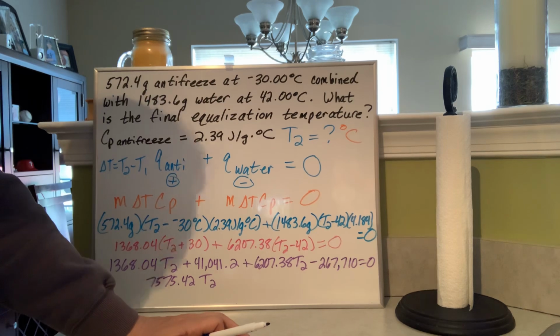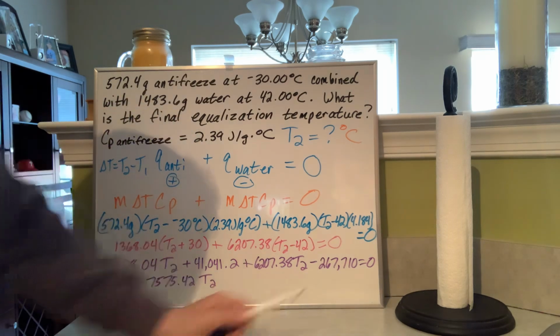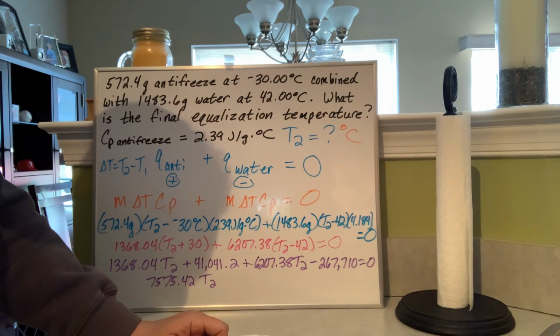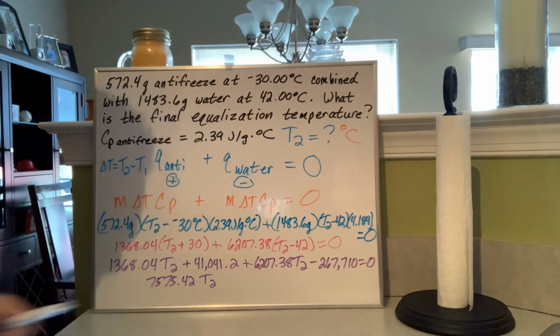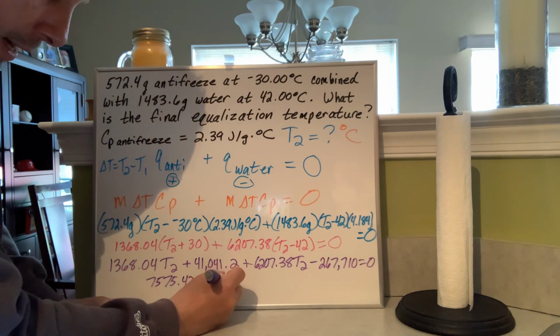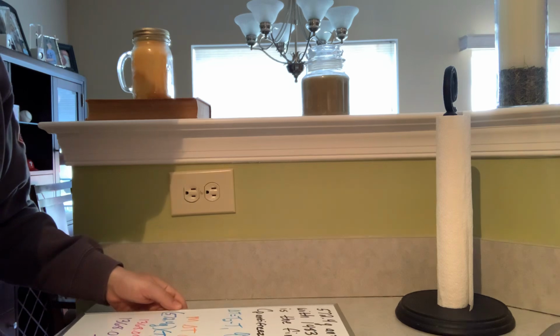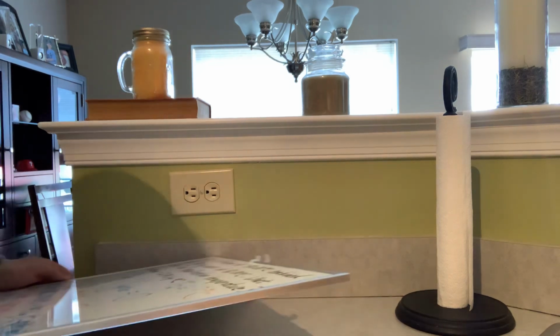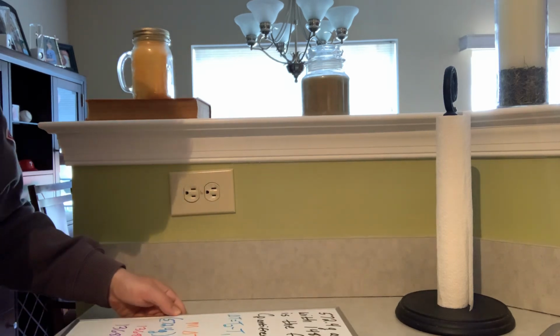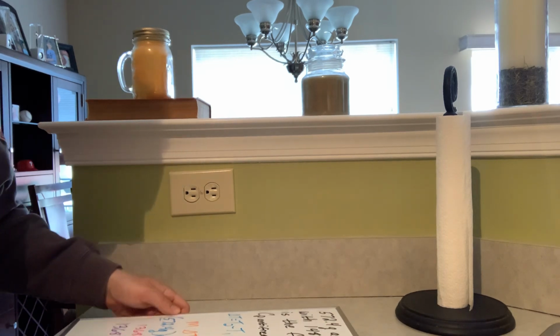So we got 41,041.2 minus 267,710 equals negative, right? So minus 226668. Whoa, 22668.8 equals 0.